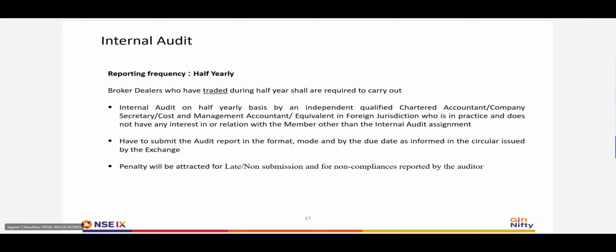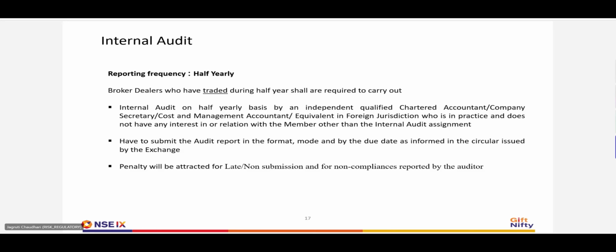Coming to the next point, internal audit. The reporting frequency is half yearly, and it is applicable to the broker dealers who have executed even a single trade, by the members or the clients, during the half year.